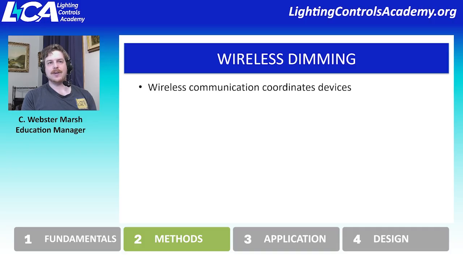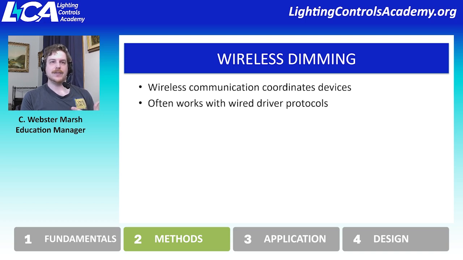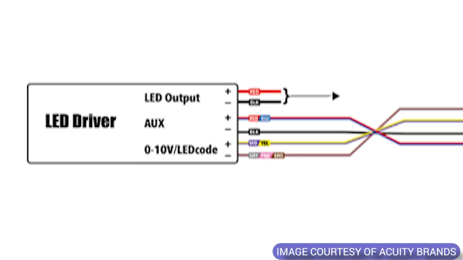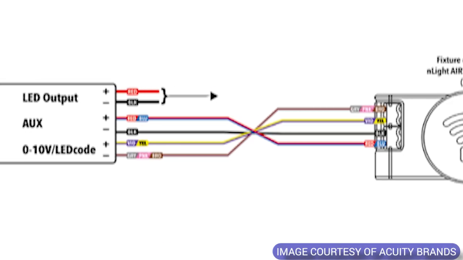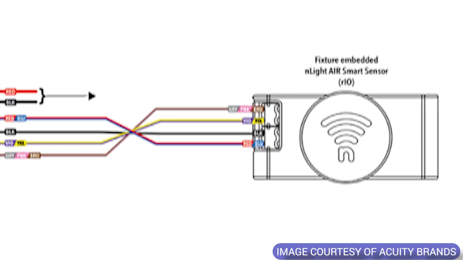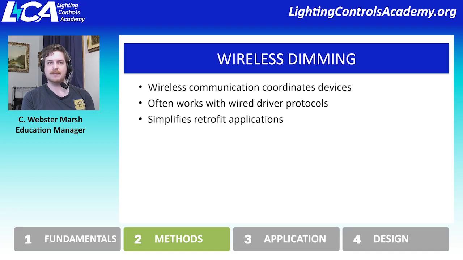Wireless dimming, so as I mentioned before, it really is more of a coordination and communication protocol than it is a dimming protocol. So you'll oftentimes see a driver that has a module attached to it that's using wireless communication for the network, but then it's translating over to a wired protocol to connect to the driver. It's really good for retrofit applications because you don't have to run wires everywhere, but you still have the dimming capabilities of whatever wire protocol you're adding.